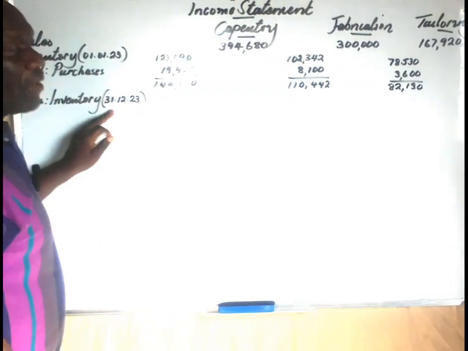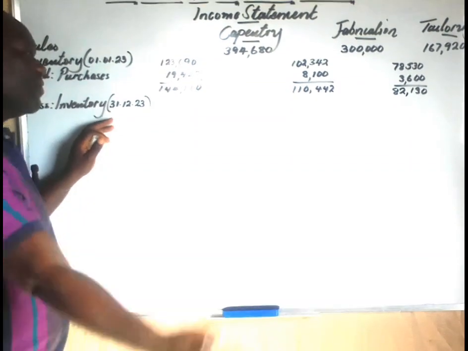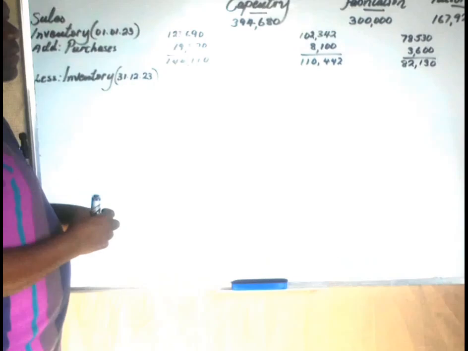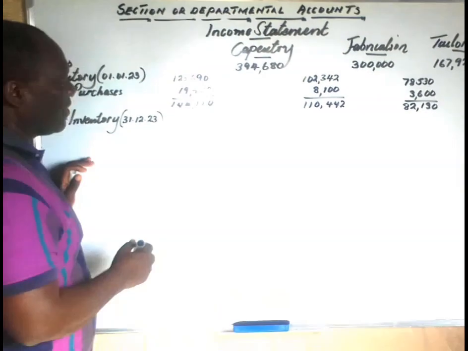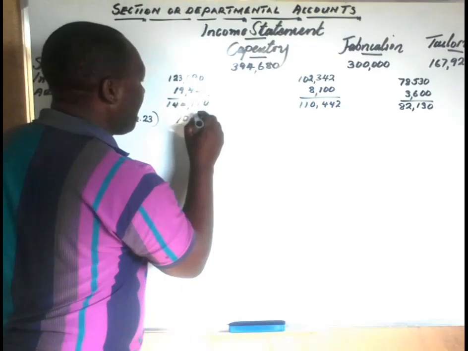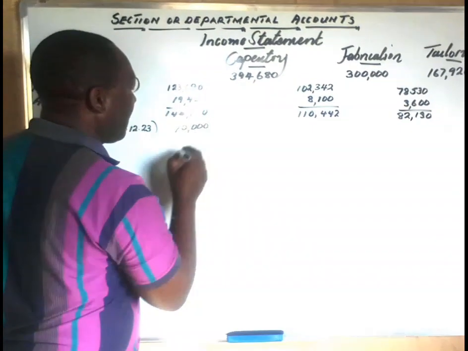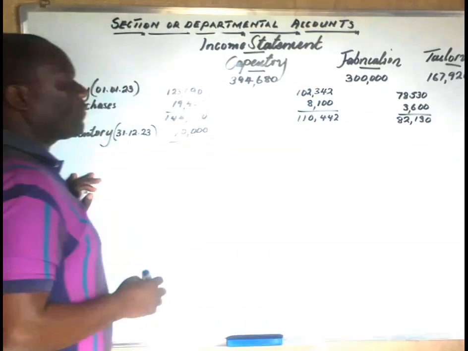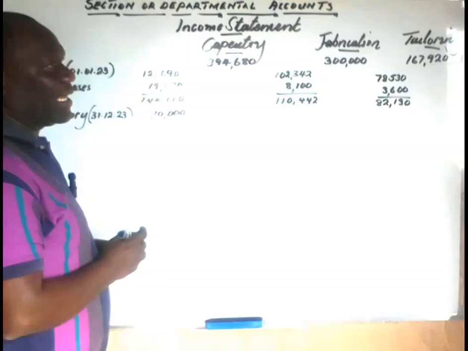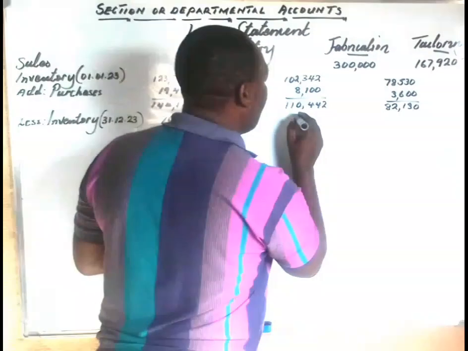Okay, this is the closing inventory for the year. This was the opening inventory for the year. Okay, so closing inventory for the year, carpentry we had 70,000, then metal fabrication we had 61,900.